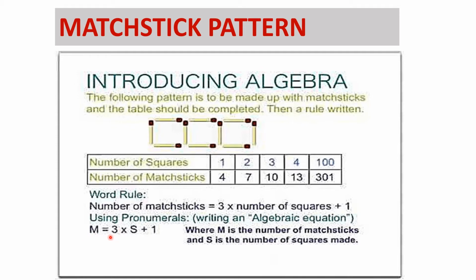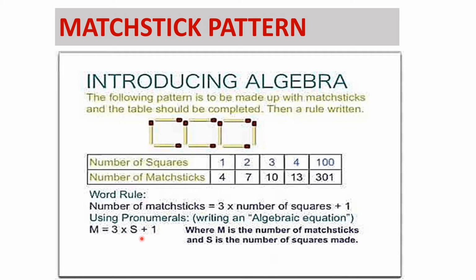See here, it is represented: m is representing the number of matchsticks required, s is representing the number of squares. For one square, the number of matchsticks required is 4. You just put the value here, 3 into 1 plus 1. So 3 plus 1, 4. Now put the value for 2 squares. So s will be 2. So 3 into 2 plus 1, 7.